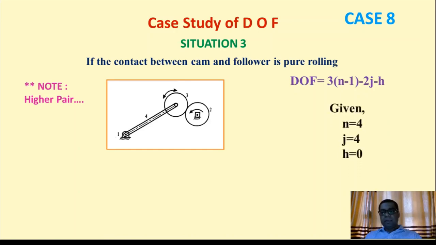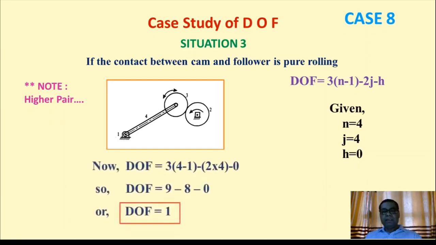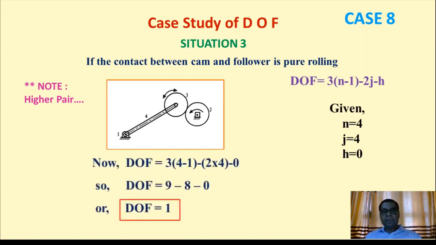So according to Grubler's criteria, n should be 4, lower pair equal to 4, and higher pair is not present in this situation. Try to understand, the contact between the cam and follower is pure rolling, therefore no such higher pair is considered. So under this situation, degree of freedom equal to 1.